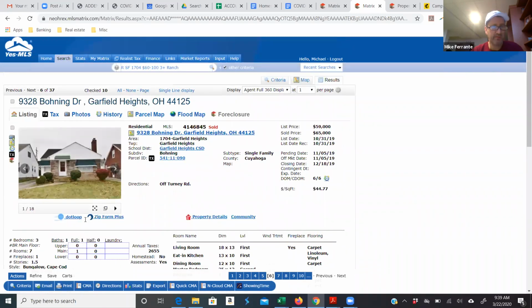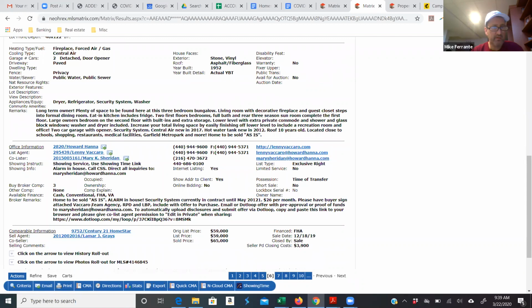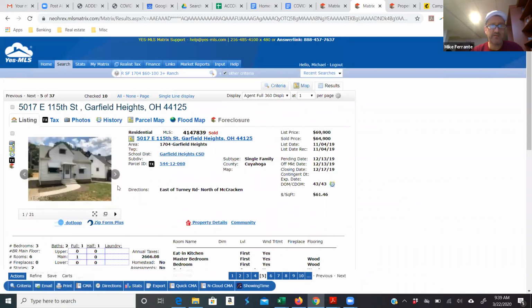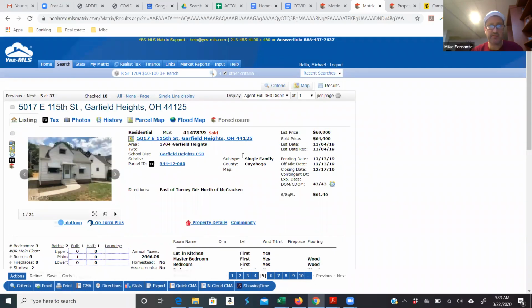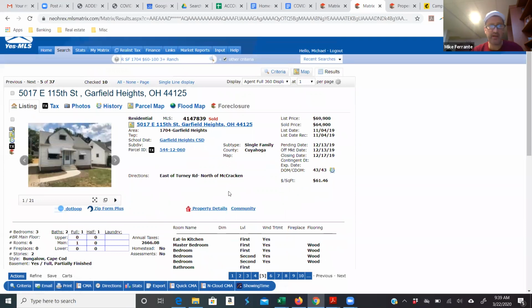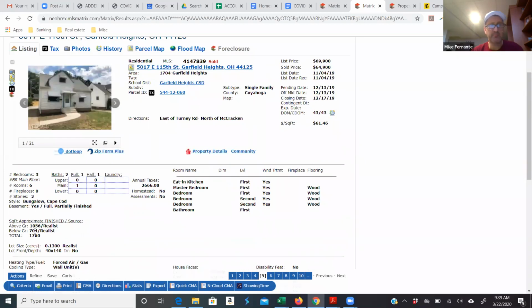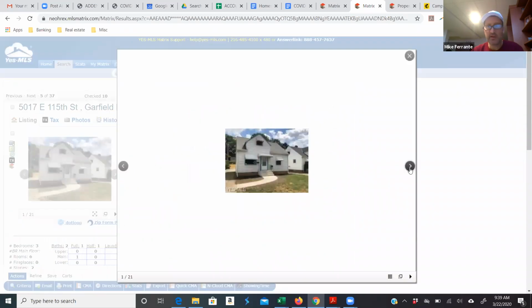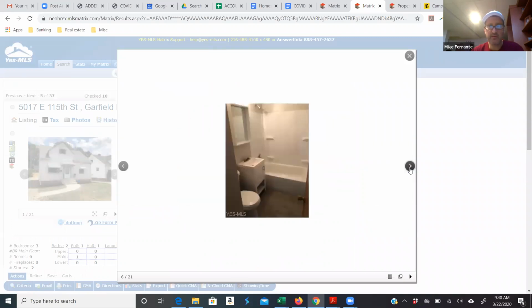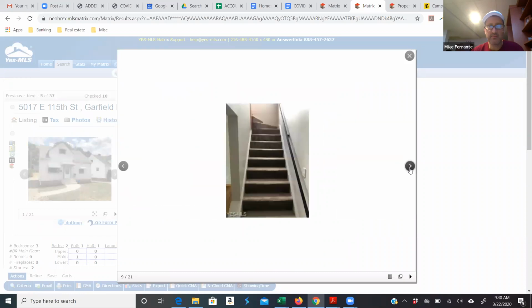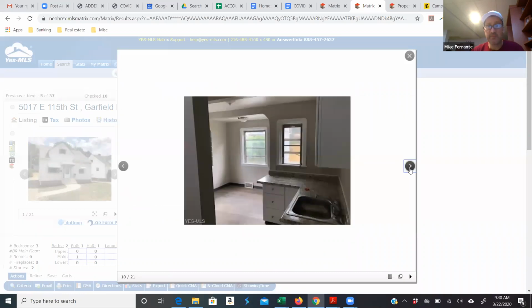Not a rental. Oh, wait a minute. Long-term owner. Okay, that's a dated owner-occupied property. $995 a month, Section 8. This one went for $64.9. So they're getting more rent, but the house is smaller. Horrible pictures. I mean, it looks decent.